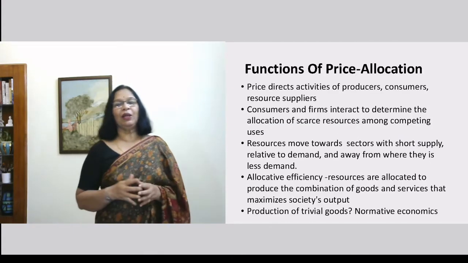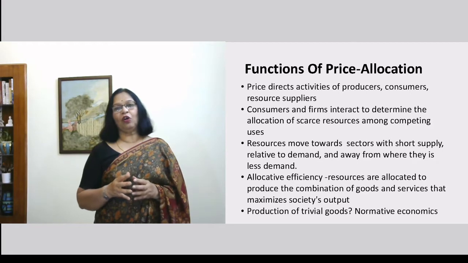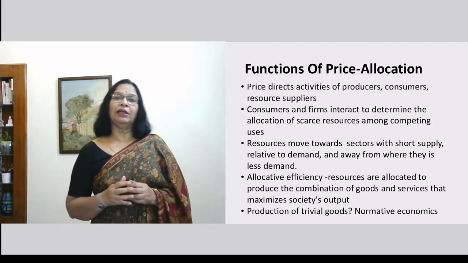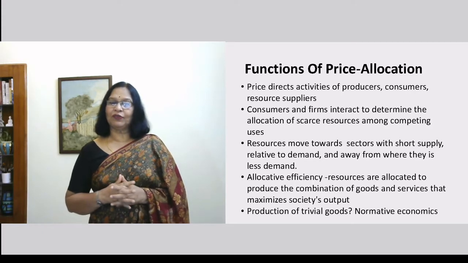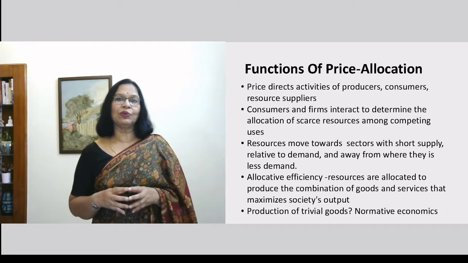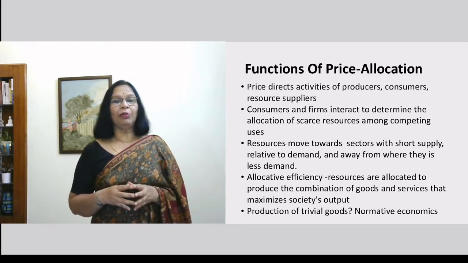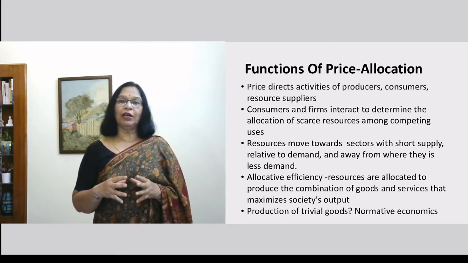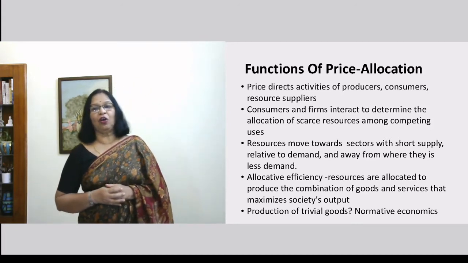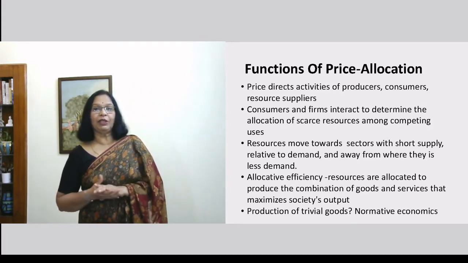Let's also quickly look into what are the functions of price. One of the basic problems of an economy is the problem of allocation of scarce resources. Who guides the allocation of scarce resources in a free market economy? In such an economy, the consumers and firms interact to determine this allocation of resources among competing users.